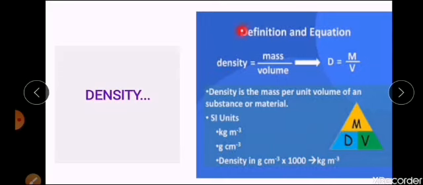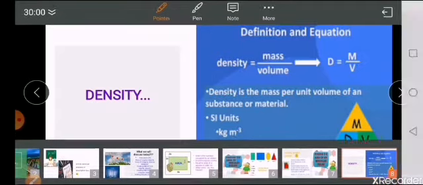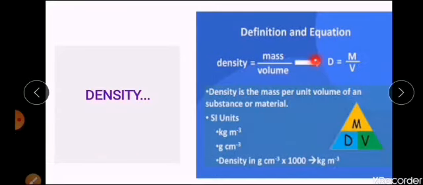Now we are going to the equation part. Density is given by mass upon volume, and density is represented using D, mass M, volume V. So in short, D is equal to M upon V. This equation is very important when you solve numericals.